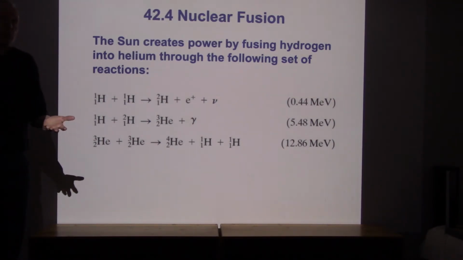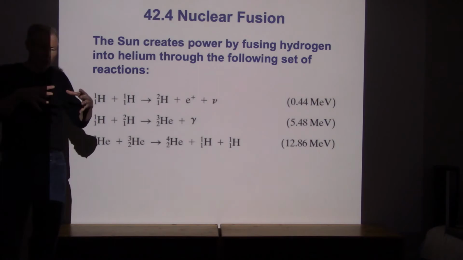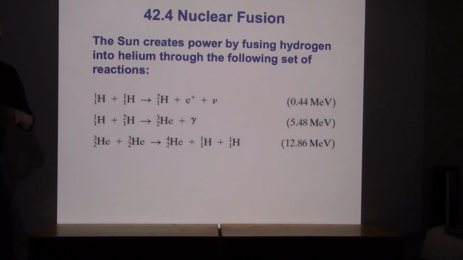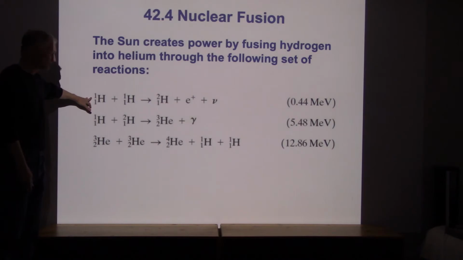And strong forces occur at a very high rate. Weak forces don't. So with weak forces, you have to be patient. Now, stars are patient. So inside the core of a star, where it's really high temperature, conditions are extreme, and you are going to get a sizable number of these reactions happening.